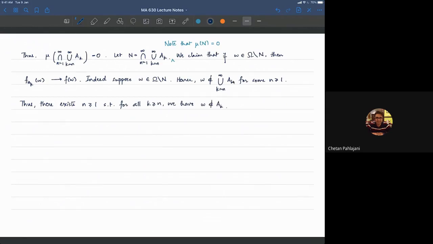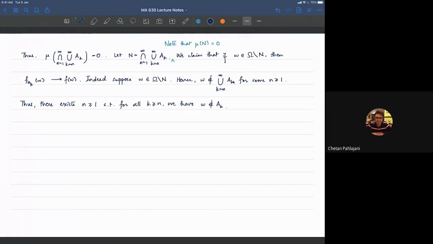Do you agree with that? Right? What have we shown here? We have said that there is some n greater than or equal to 1 such that omega is missing from the union of A_k going from n to infinity. In other words, there is some n greater than or equal to 1 such that for every k greater than or equal to n, omega is missing from A_k. So that's what we're saying here. There exists n greater than or equal to 1 such that for all k greater than or equal to n, we have omega not in A_k. Okay, and so now as you'll see, we're done.